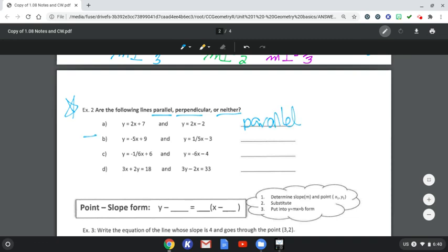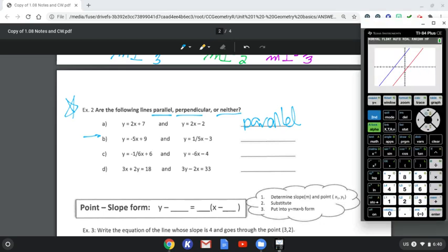Letter B, y equals -5x plus 9 and y equals 1/5 x minus 3. So -5x plus 9 and 1/5. Now I'm just looking at those slopes. Those are negative reciprocals, so these should look perpendicular.